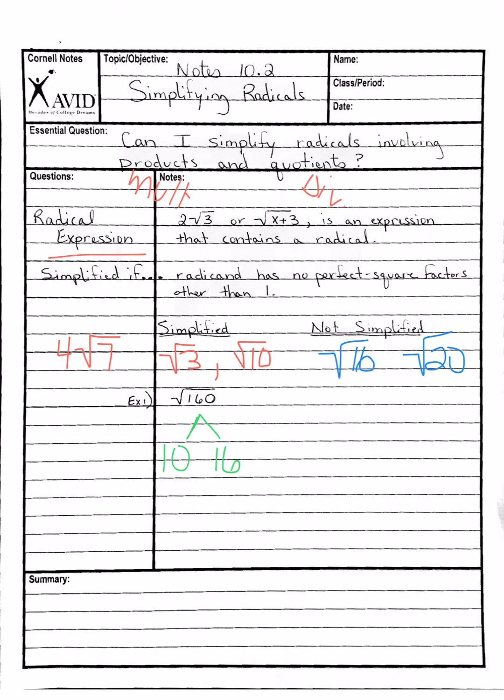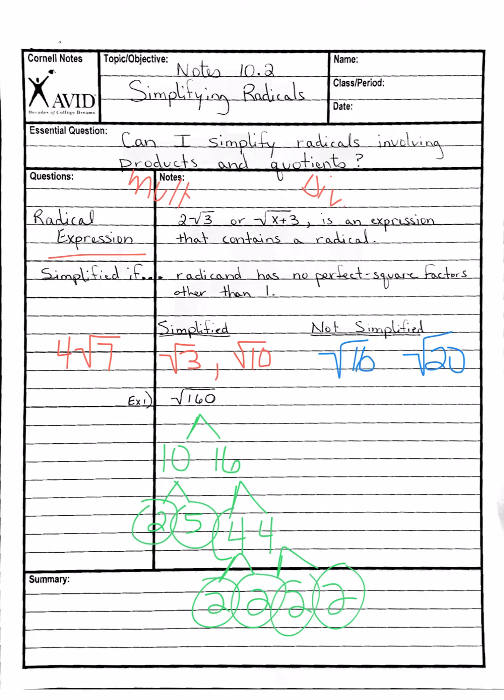There are many times I tell students to go further with these if we're finding the prime factorization. So 10 is 2 and 5, since 2 times 5 gets me 10. And 16 we know is 4 and 4, which gets me 16. We could go further with 2 and 2 and 2 and 2.